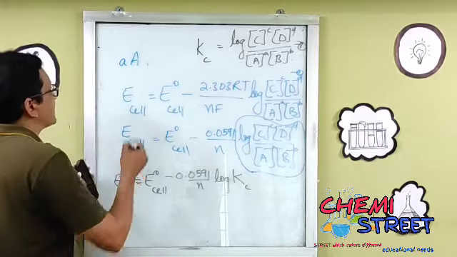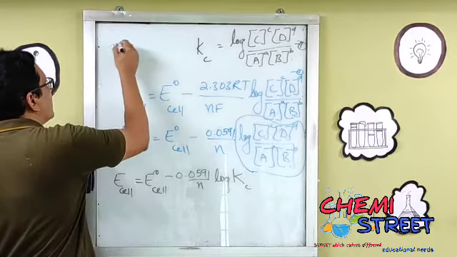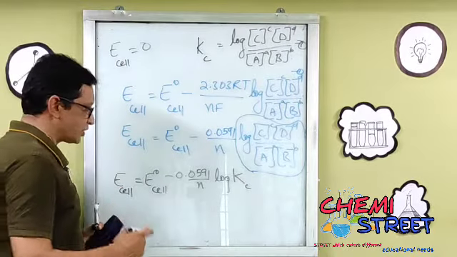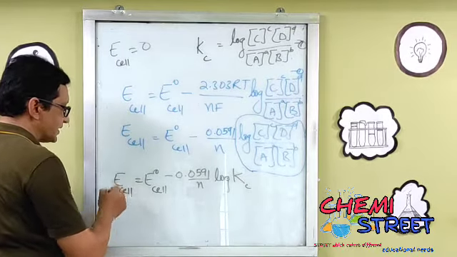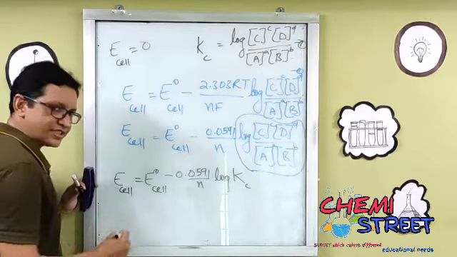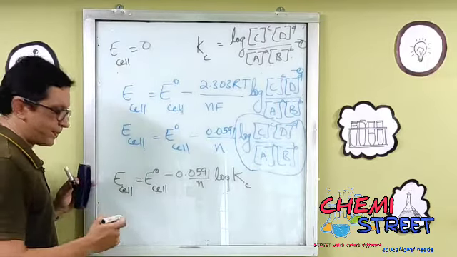For an equilibrium reaction, it is well known that E cell is equal to 0. So this particular value E cell will be 0.